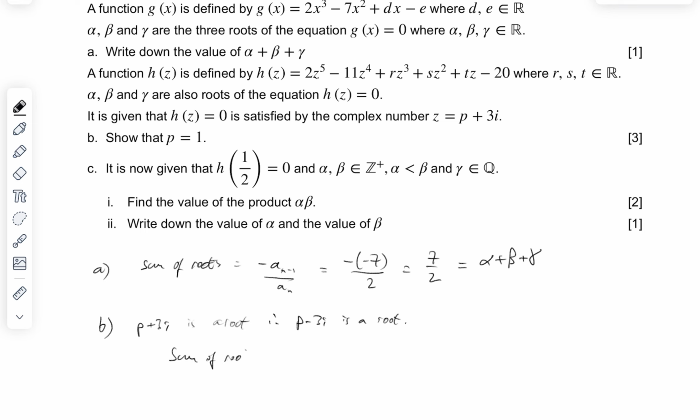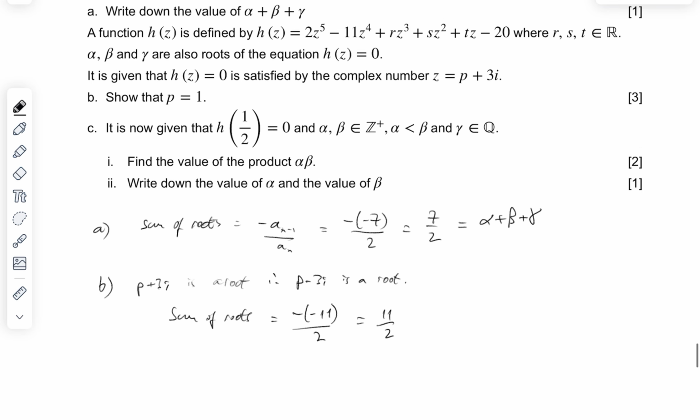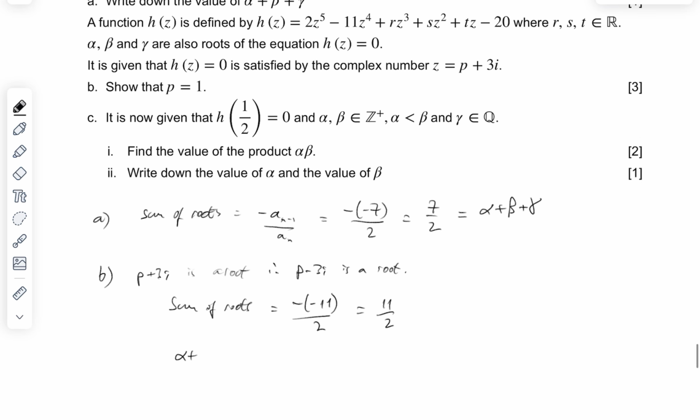The sum of roots should be, I want the negative of that, so it's negative negative 11 over 2, which equals 11 over 2. And we know that alpha plus beta plus gamma plus p plus 3i plus p subtract 3i, the sum of the roots, must be 11 over 2.